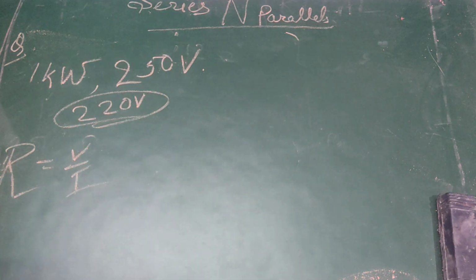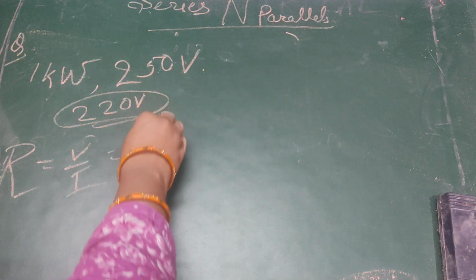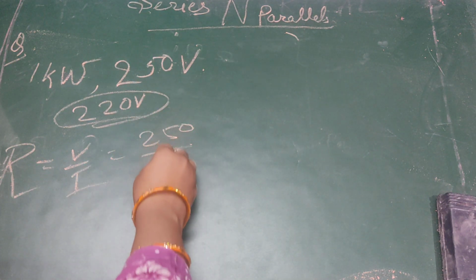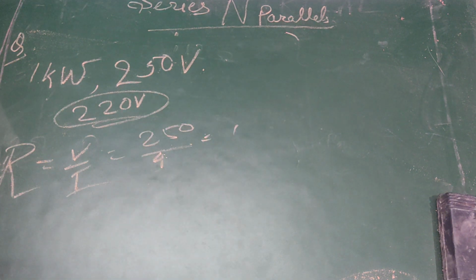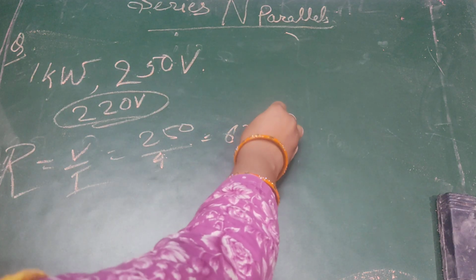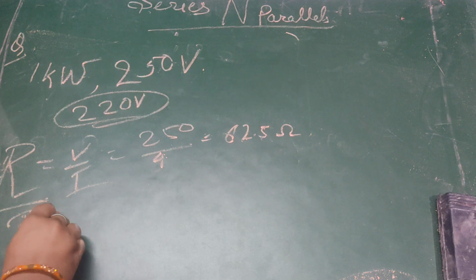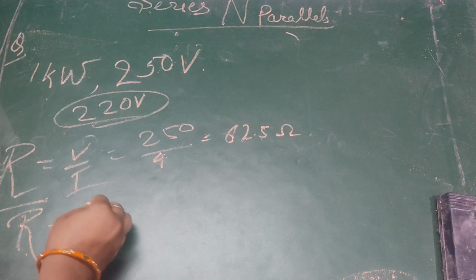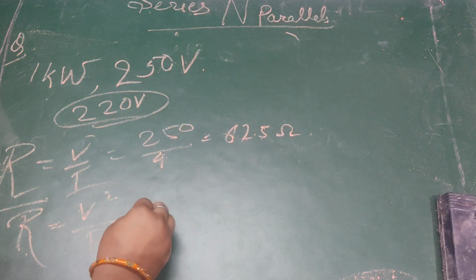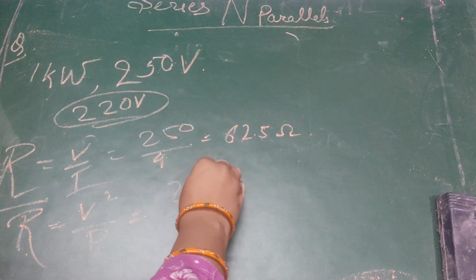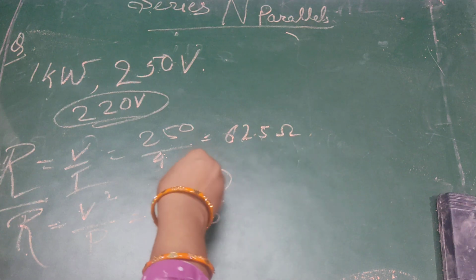As we all know V equals IR, Ohm's law, we will get this formula: 250 volt by 4, what will we get? 62.5 ohm. The resistance of the electric iron can also be determined from the relation R equals V squared by P, using the square root form.